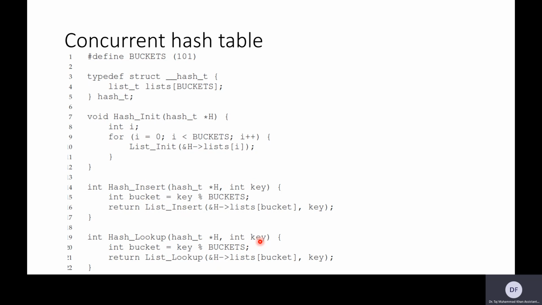It is possible that all these threads may access different buckets. It is possible that all these threads may access the same linked list, because it might happen that the different values being used by those threads are all mapping to the same bucket. If we are mapping to the same bucket, then the bucket will become a bottleneck, and the threads will be accessing the linked list one after another in a mutually exclusive manner. But if the values are mapping to different buckets, then all these operations can be performed in parallel.